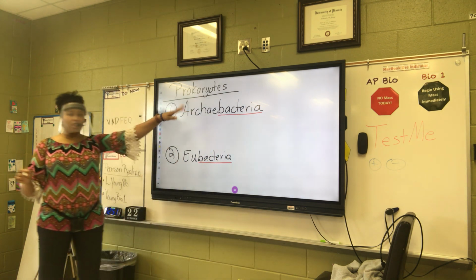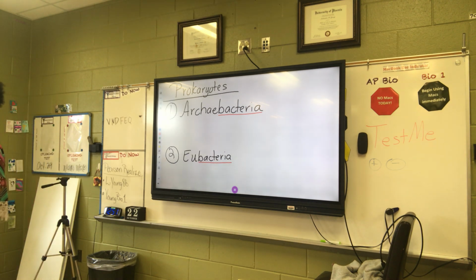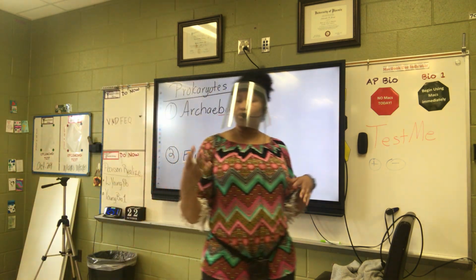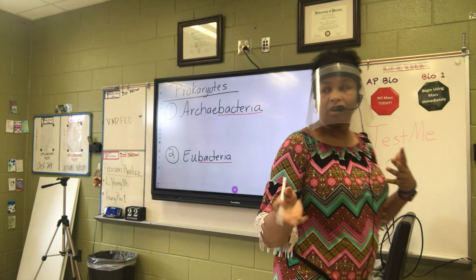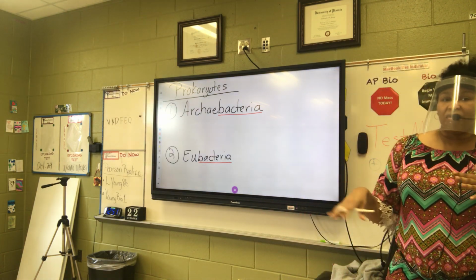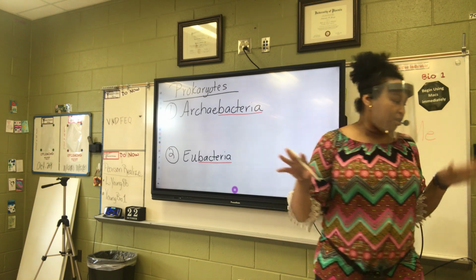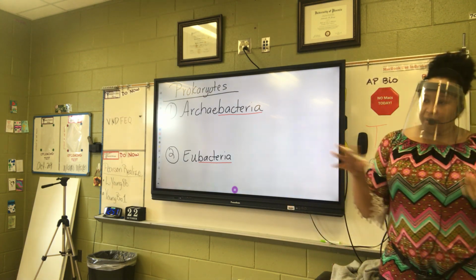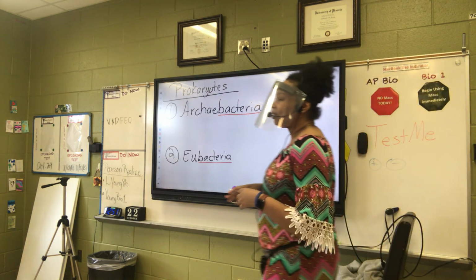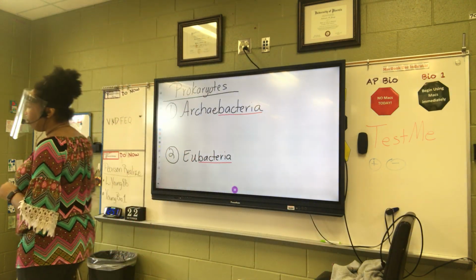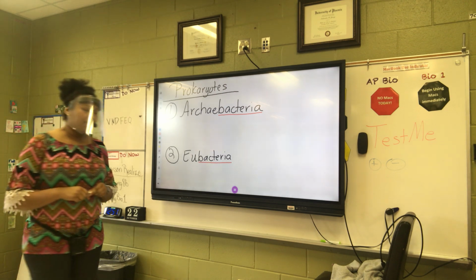We have the ancient bacteria and we have true bacteria. When we think of true bacteria, we're thinking about the bacteria that we're used to, the ones that we know more about, like the strep that causes strep throat, or the staph that causes staph infection, or E. coli that can give you diarrhea if it's in the wrong part of your body. E. coli 0157 can kill you. Not all E. coli does that though. E. coli 0157 can though.